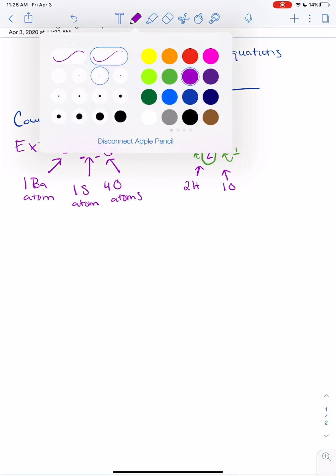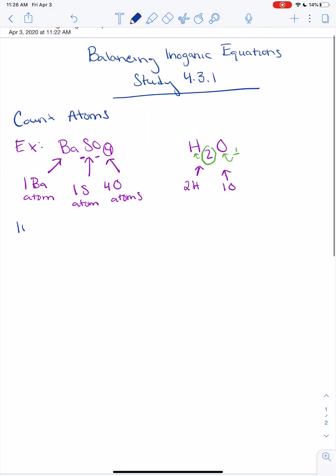Now, another thing to keep in mind is that if there are parentheses, that happens when we have polyatomic ions. You need to distribute the subscripts, and I'm going to show you what that means.